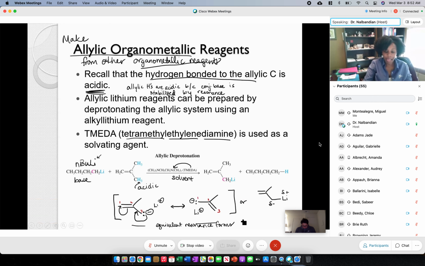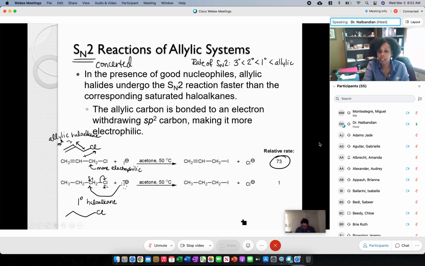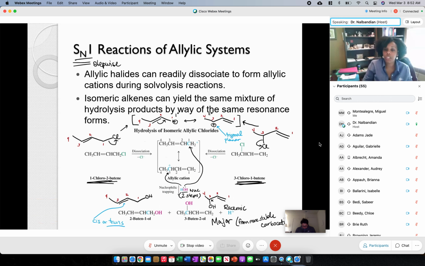Let me go back. When we had these two resonance forms, these are non-equivalent. These two are not equivalent, so we ended up with two products.